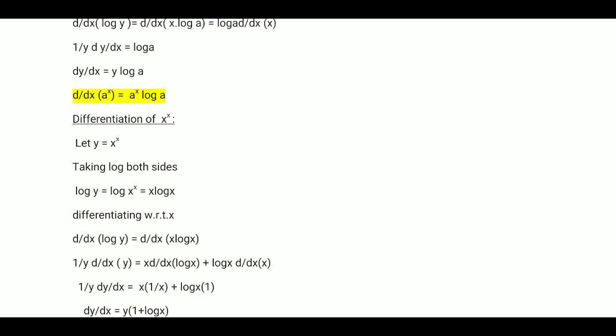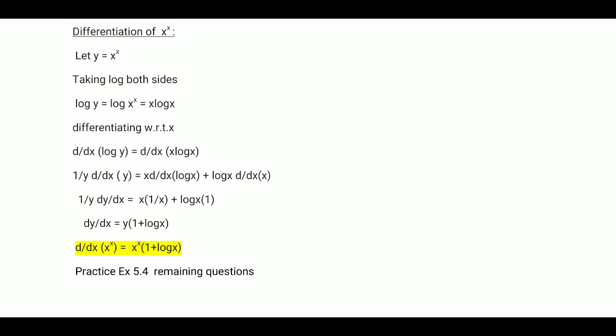Now x log x is the product of two functions. So differentiating with respect to x, d upon dx of log y is equal to d upon dx of x log x. d upon dx of log y gives 1 upon y dy upon dx, which is equal to, now here we have a product of two functions, x and log x, so the product rule will be applicable. x into the differentiation of log x plus log x into the differentiation of x, so 1 upon y dy upon dx is equal to x into 1 upon x plus log x, and dx upon dx is 1.